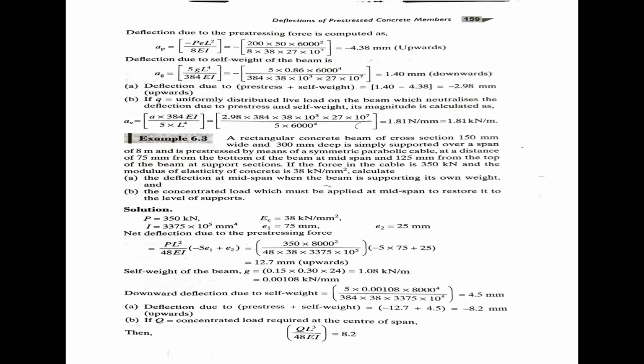Then next, due to self weight, 5g. You have to calculate the small g value, the self weight. The dimensions are 0.3 into 0.12 into unit weight of concrete 24. Finally we got the self weight g equal to 0.86 newton per mm.